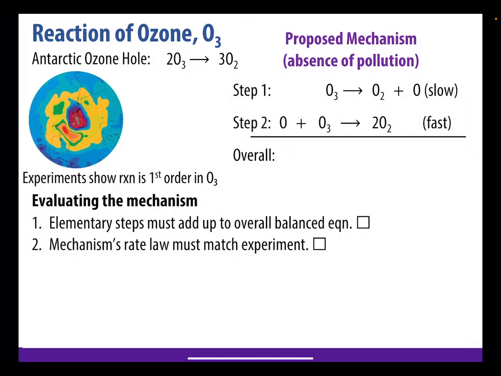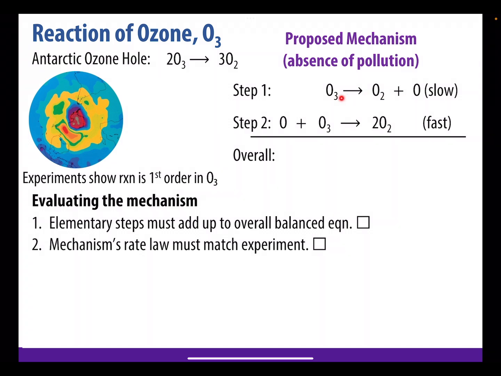Okay, so let's look at applying those steps to evaluate the mechanism proposed here for how ozone is produced or consumed, in this case, in the Antarctic ozone hole. We have a little bit of ozone up there. How is it going to be consumed over time? This is the mechanism in the absence of pollution.